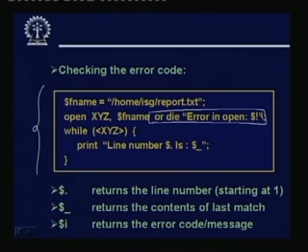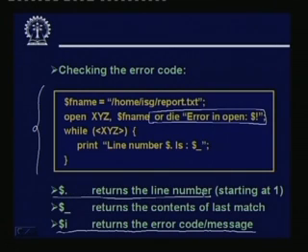Dollar exclamation is again another special variable. As you can see here, dollar exclamation returns the error code or message. As I said, dollar dot returns the line number which starts at 1, and dollar underscore returns the contents of the last match, which is the contents of the last line. So, this example shows how you can open a file and also handle errors.